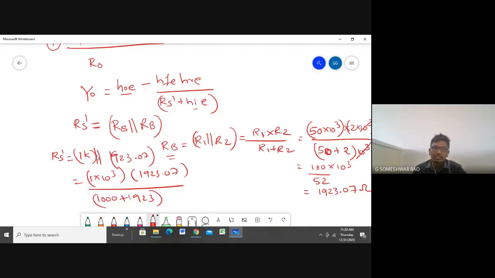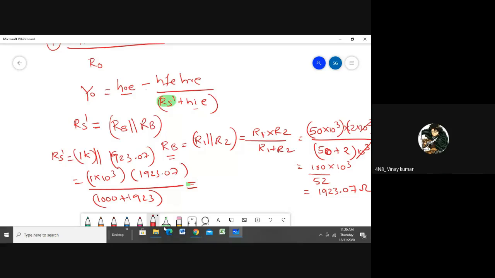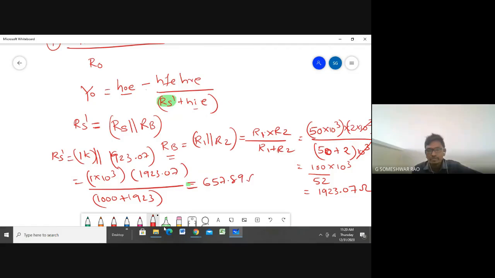What is this value? So far we are calculating only RS dash. What value did you get? 657.89 ohms. Now substitute in Y naught.